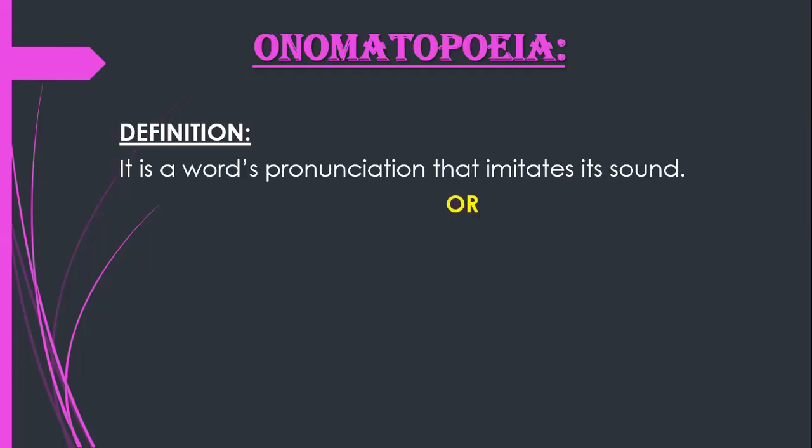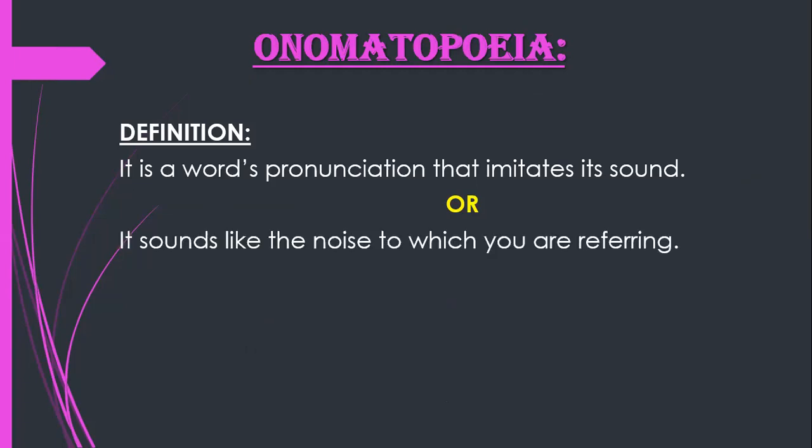Then onomatopoeia. When we talk about onomatopoeia, it is a word's pronunciation that imitates a sound, or it sounds like the noise to which you are referring. In simple words, we call it the imitation of sound, when we try to produce the sound of something.